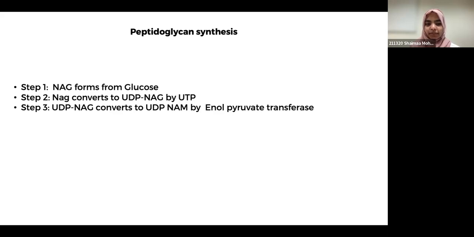We formed our sugars, the NAG and the NAM. Then we have to form, adding the amino acids, and the amino acids are added in 2 steps. First, what do we add? What are the first 3 amino acids that we add?